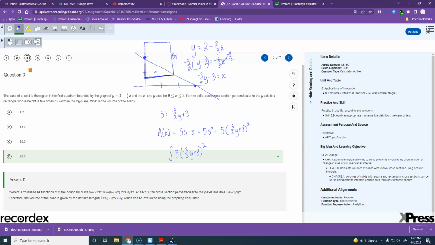And we're going to integrate that. What are our limits? 0 to 3. Not 0 to 3. 0 to 2. Look at that y-axis.